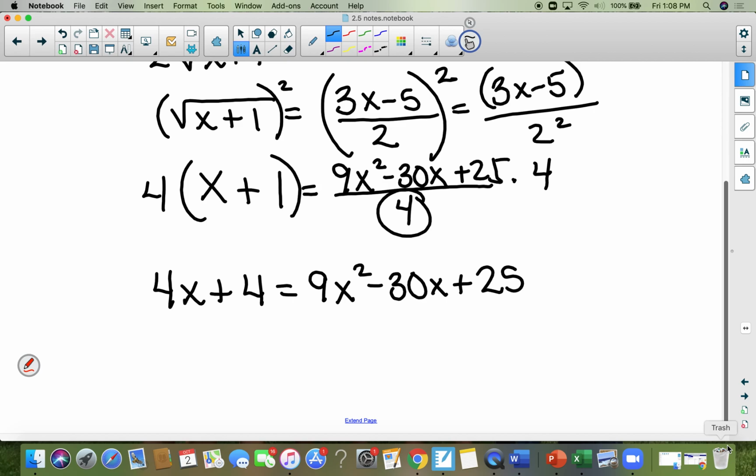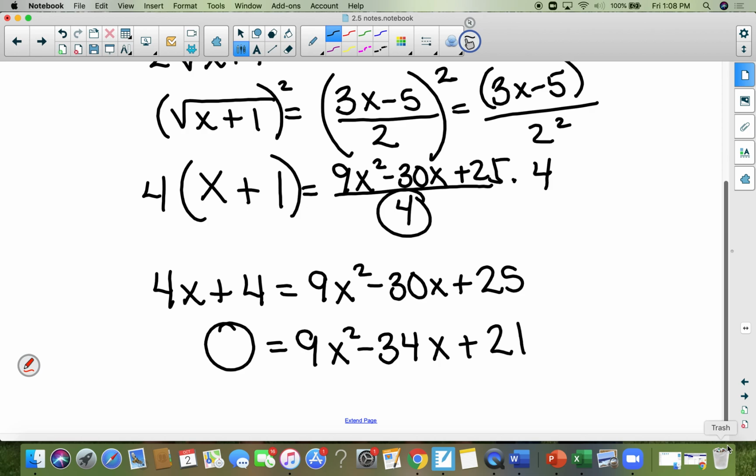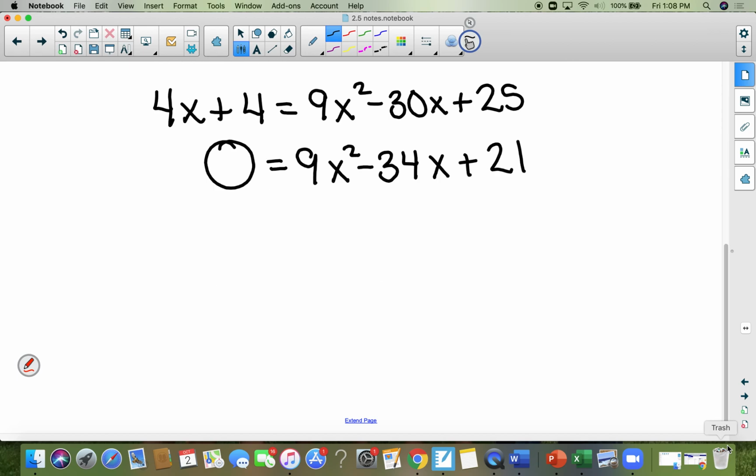Bring everything over to one side. 0 equals 9x squared minus 34x plus 21. I brought everything over to one side. Factor it. 21, I'm going to try 7 and 3.